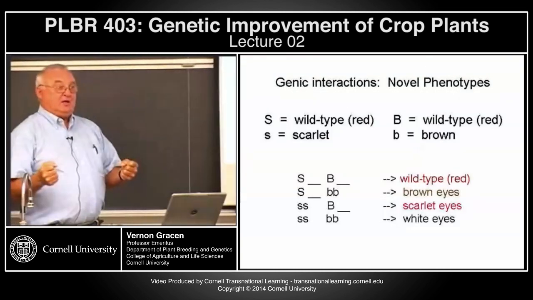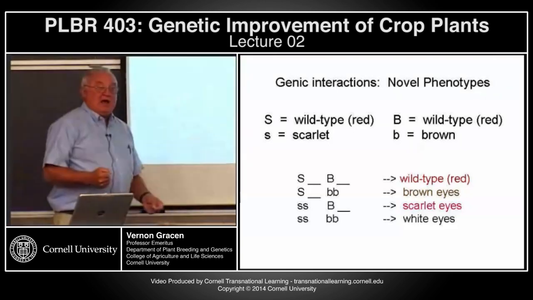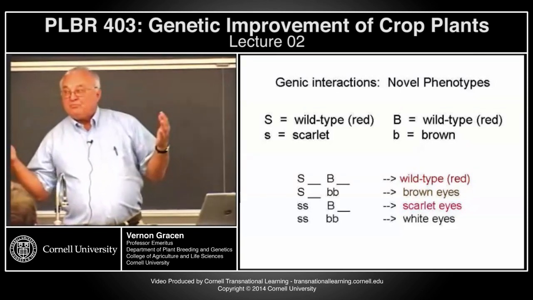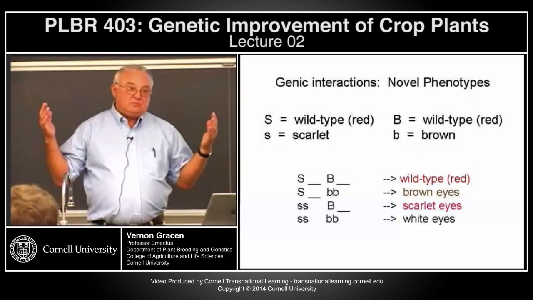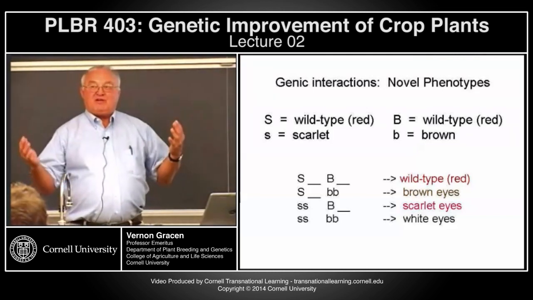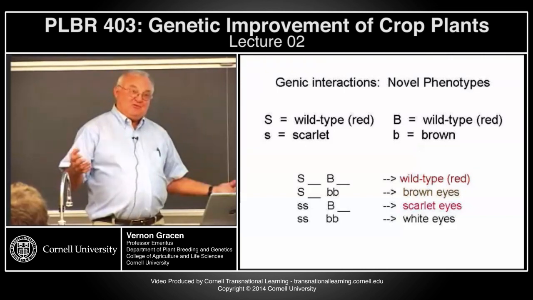Single dominant gene, and the F1 are all red-eyed. So what will the next generation look like? What did the purple and white flowers look like in the next generation? 3 red and 1 white.